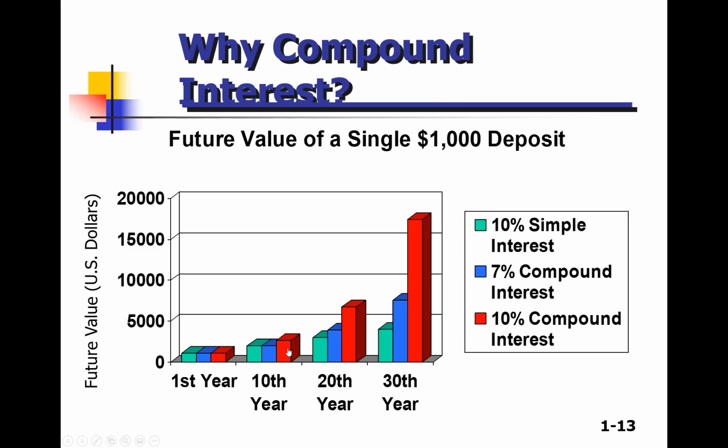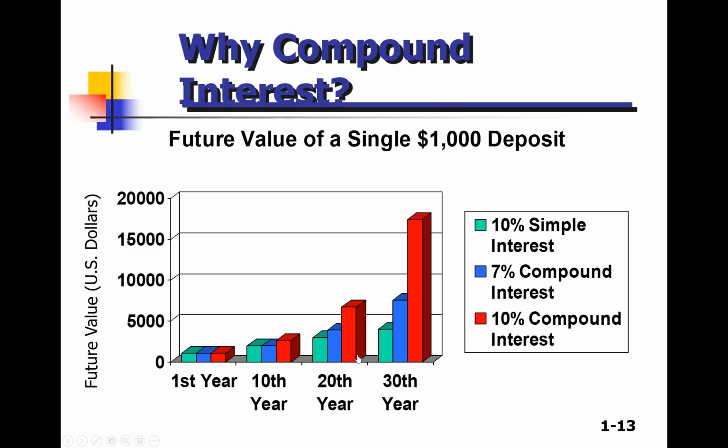Now, if you look at the compound interest of 10%, it is higher than both 10% simple interest and 7% compound interest after 10 years. And now, if we look forward and go to 20 years, then you can see 10% simple interest is paying less, 7% compound interest is paying more, and 10% compound interest is paying way more.